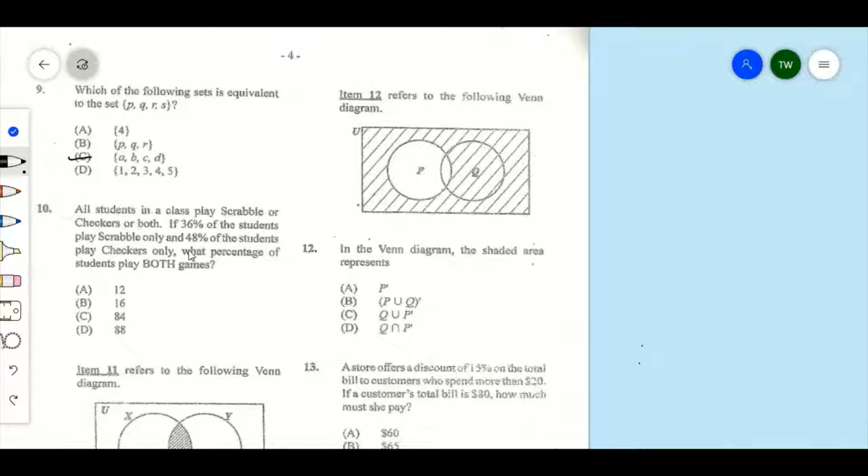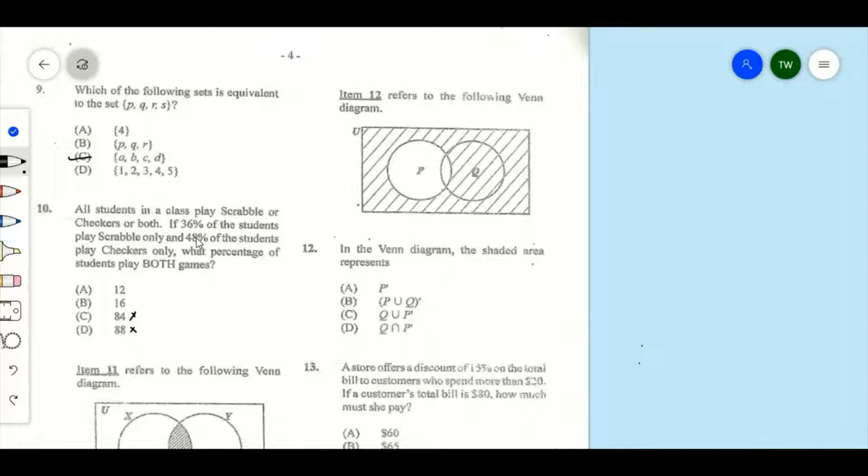And this is 48% out of that 100, and this is 36% out of that 100. So by elimination, we know that our answer cannot be D. We know that our answer cannot be 84, because 36 plus 48, that's just 84. So our answer is between A and B.